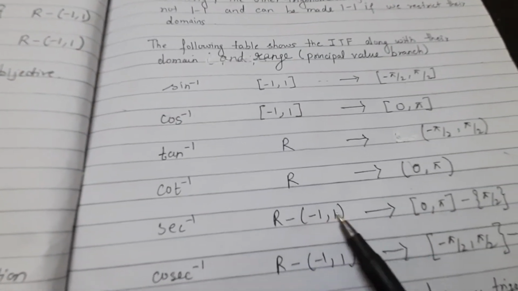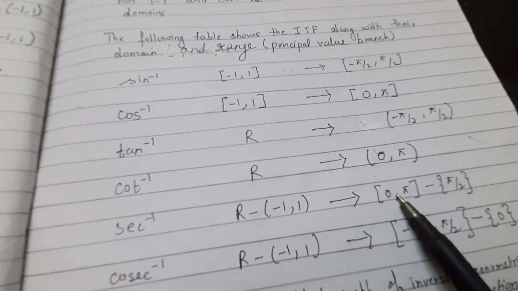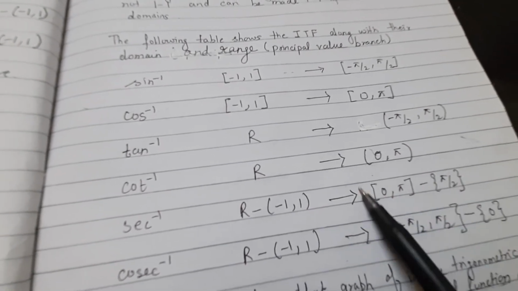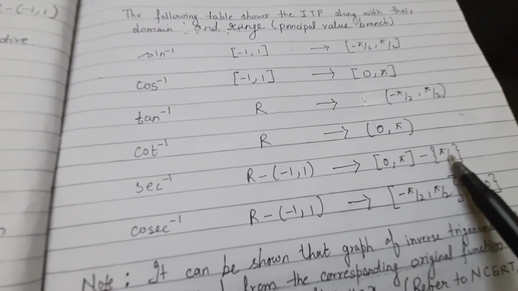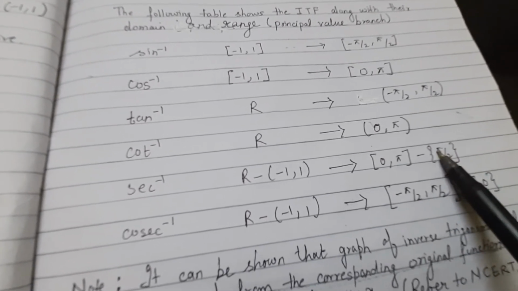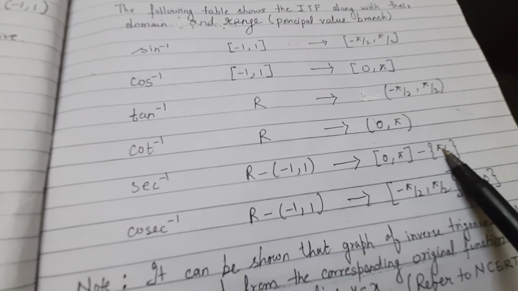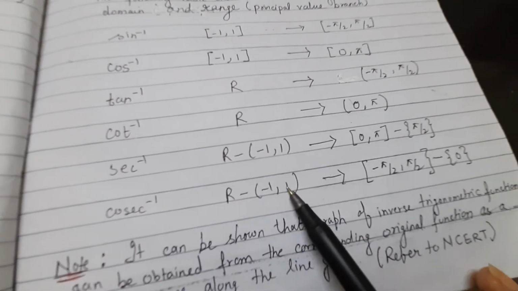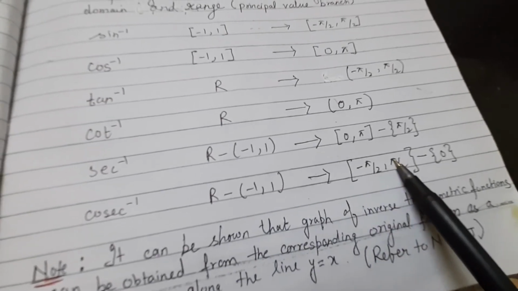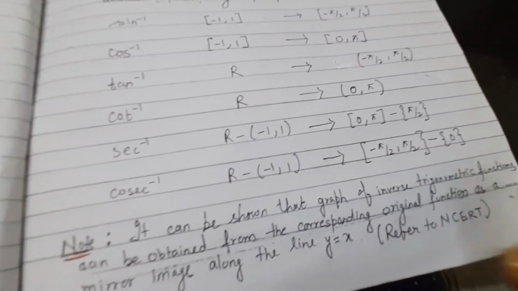So R minus minus 1 to 1, and it will be from 0 to pi. This will be the principal value branch, with pi by 2 excluded. The odd multiples of pi by 2 will be subtracted, otherwise it will not be defined. Similarly, cosec inverse is from minus pi by 2 to pi by 2 minus 0.